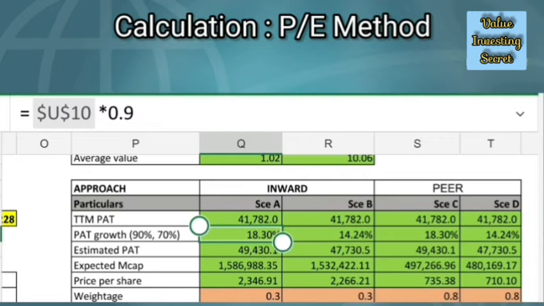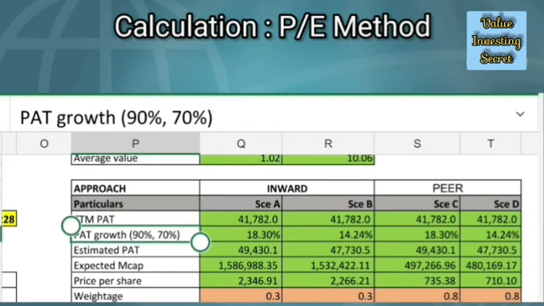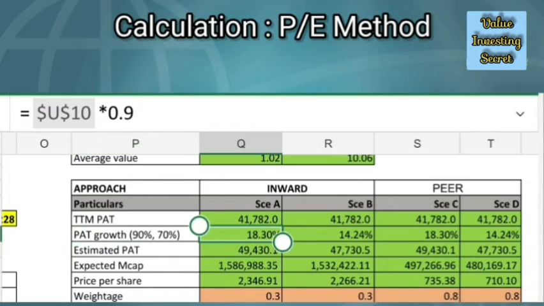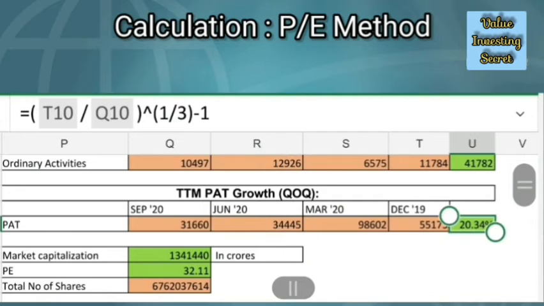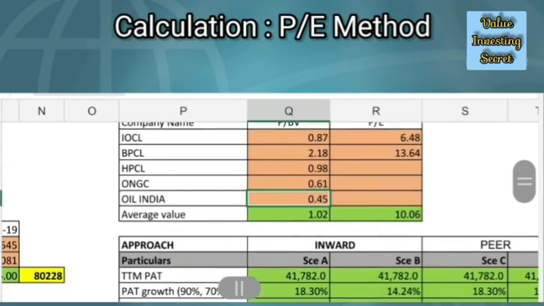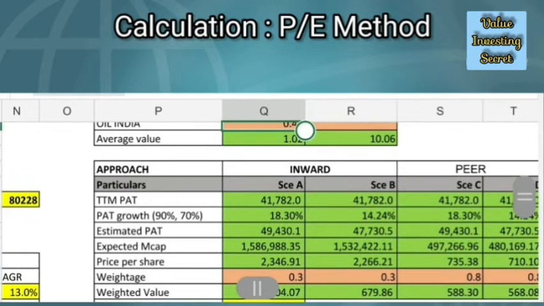In scenario A we are considering 90% and scenario B 70% of the actual growth rate. So again here the PAT growth is 90% and 70% is considered, because when we consider more and more scenarios we will be on the safer side always, so that we are not aggressive and estimating the value at higher side, but we are estimating at comparatively lower side, so that we can buy any share at a comfortable price.